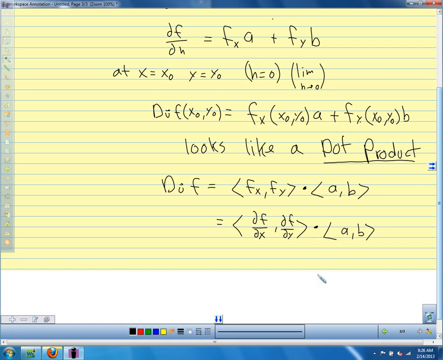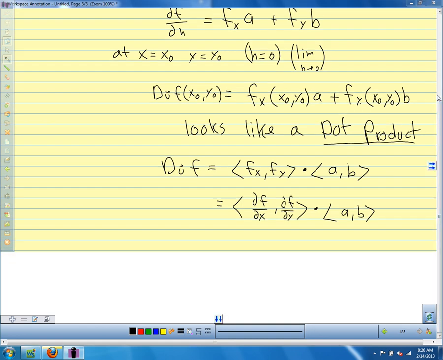So this looks like a dot product, and we're going to do a little bit more with this dot product in just a second. So our directional derivative looks like a dot product, where we have this vector that involves these partial derivatives. Before I say anything else, any questions on what we've done so far? We're doing a lot of exposition to try to get to what the directional derivative is and how we calculate it.